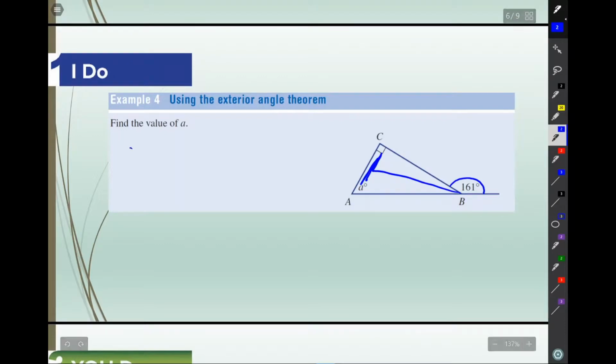We're going to have A plus 90 degrees is going to be equal to 161. And we're going to solve these exactly the same way we solved the other questions. 161 minus 90 is 71.